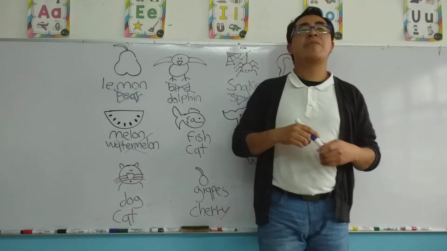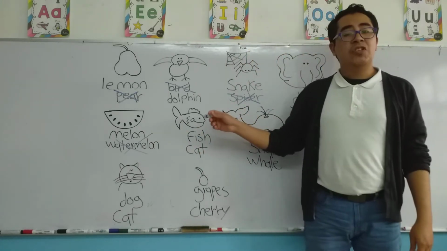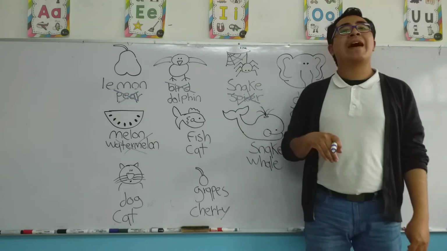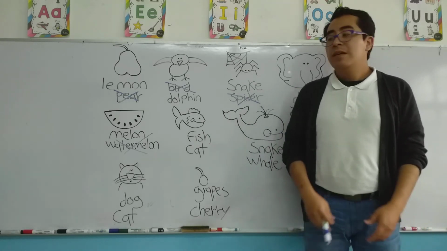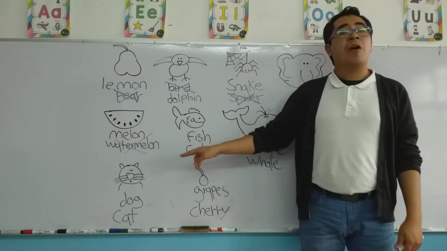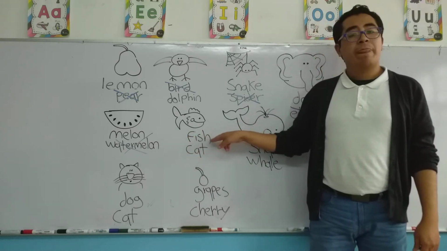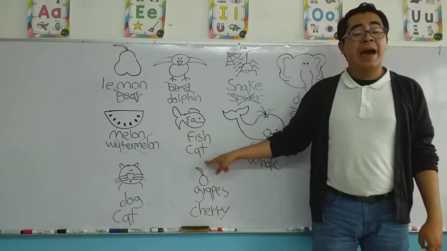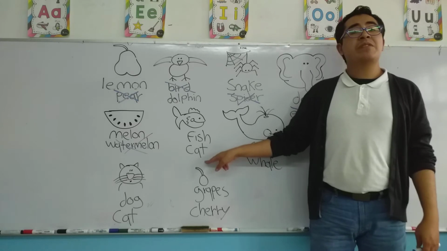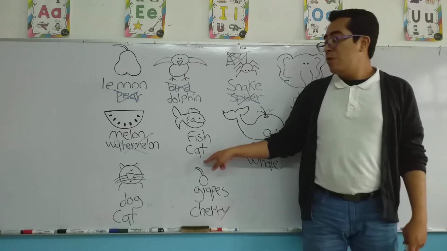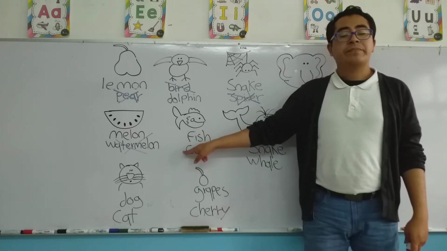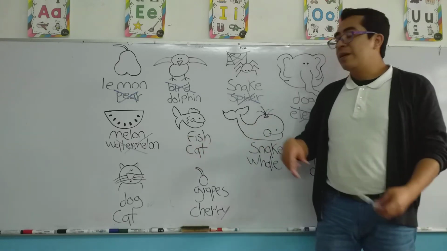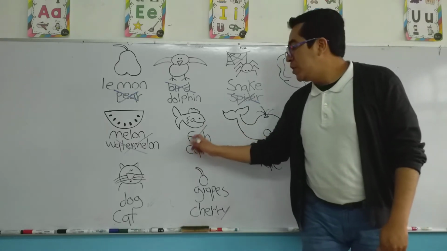Let's continue with the next image, and we have an animal of the sea. So the options are fish and under cat. What do you think is the correct option? On or under? On, the one that says fish.